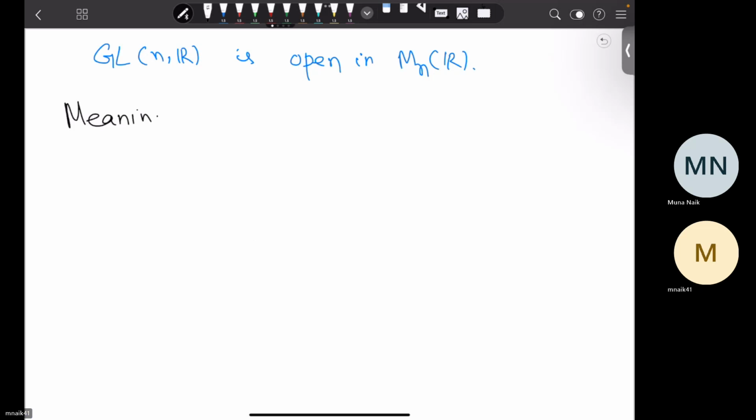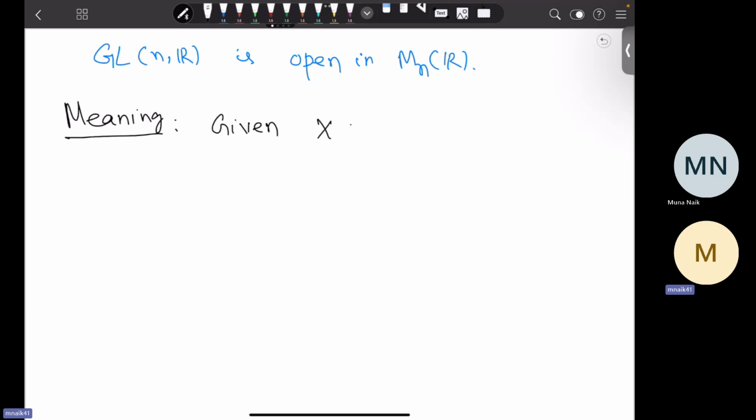It means that any point of GL(n,R) is an interior point. So given any point in GL(n,R), we will find a ball around it, and that ball will lie inside GL(n,R).